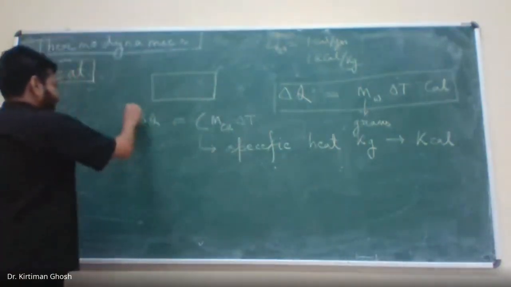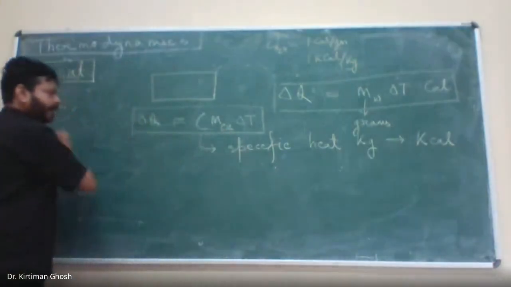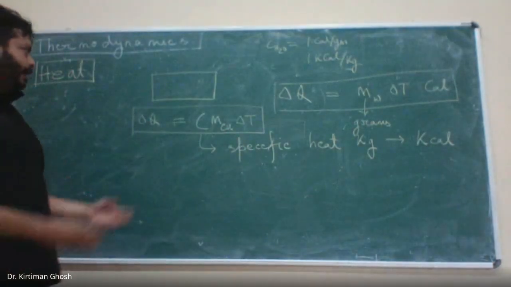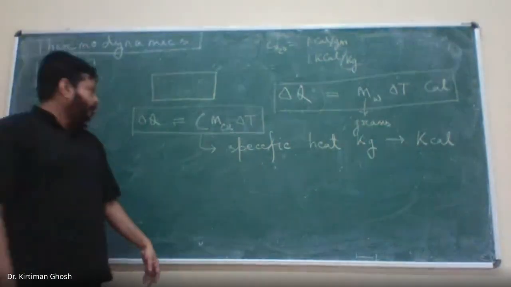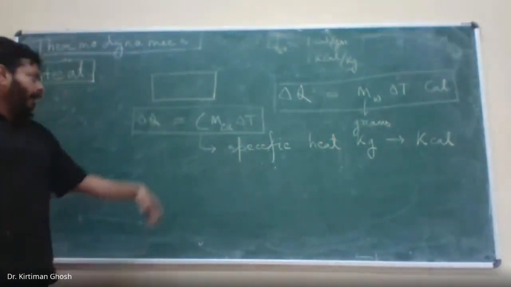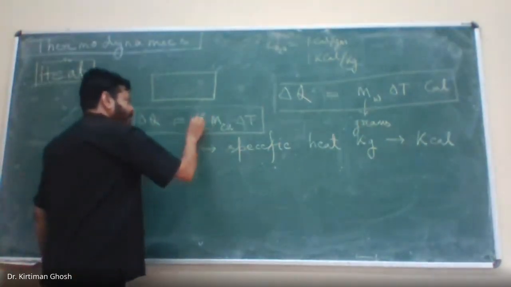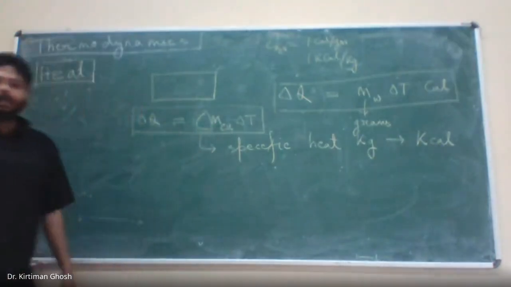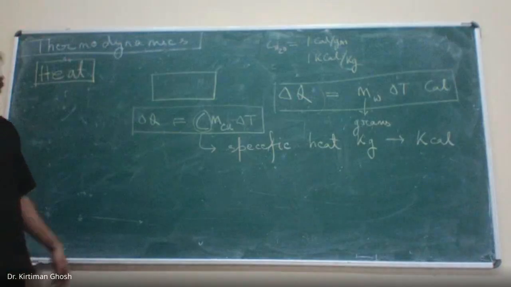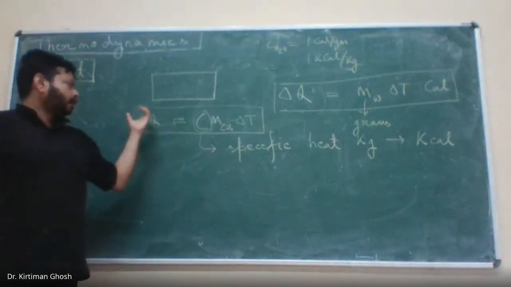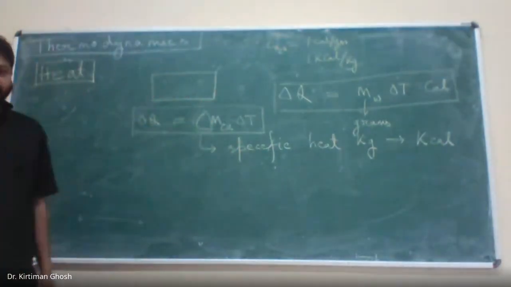Then I have this conclusion that if I take any other metal or any other object, any other thermodynamic system, and I want to increase its temperature by some delta T amount, I need to follow this relation, and the only unknown quantity in this relation is this C. Once I measure this C, once I have some knowledge about this specific heat, I will be able to calculate the amount of heat I need to increase the temperature of that particular metal by a certain amount.